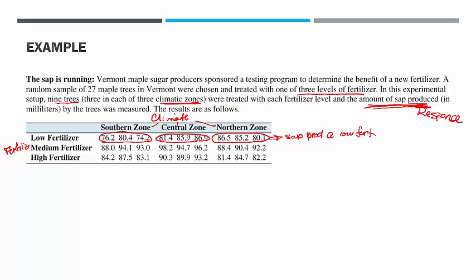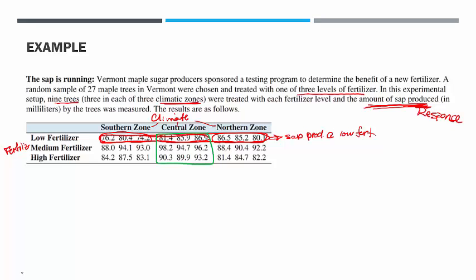So all those numbers represent sap production, but based on different fertilizer levels and different climate zones. So as you can see here, they have 9 trees tested with the low fertilizer, just over the 3 different climate zones. Similarly, you could say that they have 9 trees that were tested in the central zone. Some were low fertilizer, some were medium, some were high.